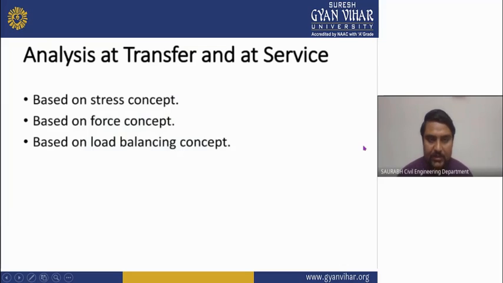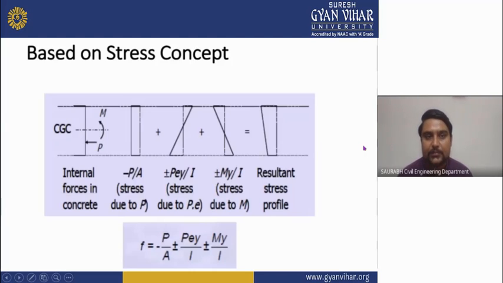Now we will see the analysis at the transfer at the surface. It is based on the stress concept. It is also based on the force concept, and it is also based on the load balancing concept. And this is based on the stress concept.